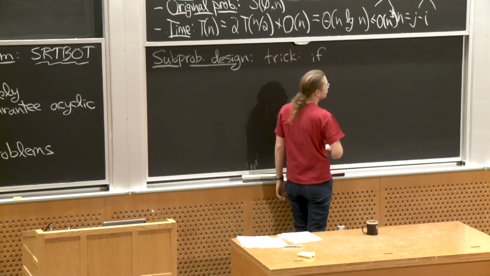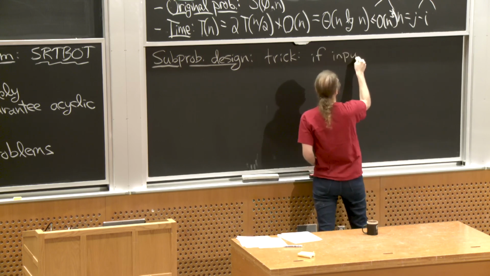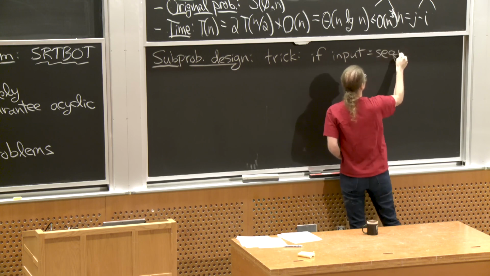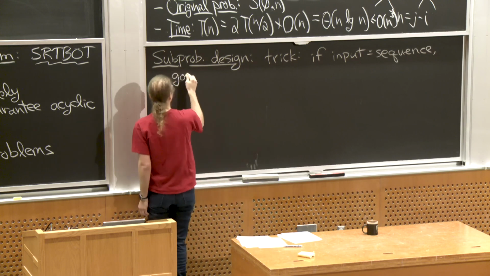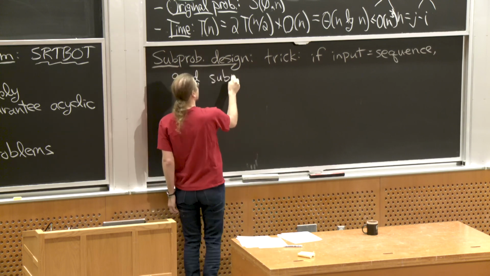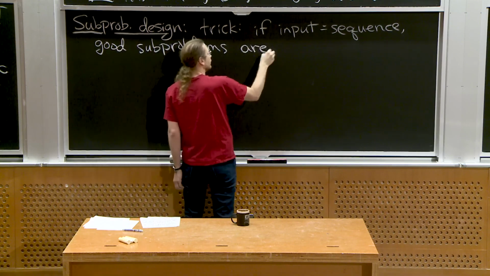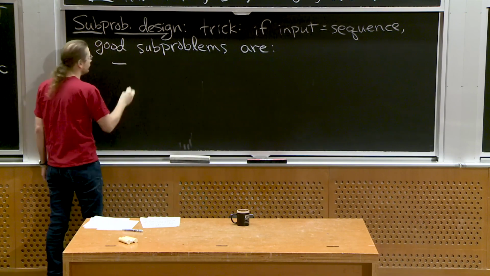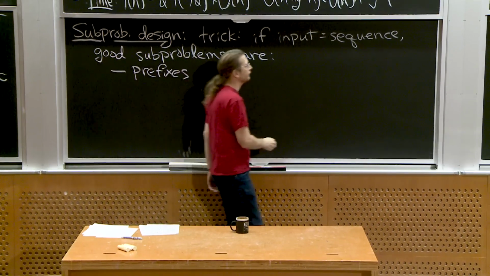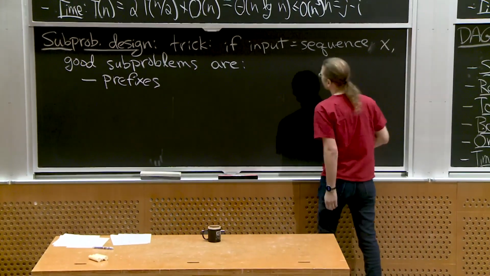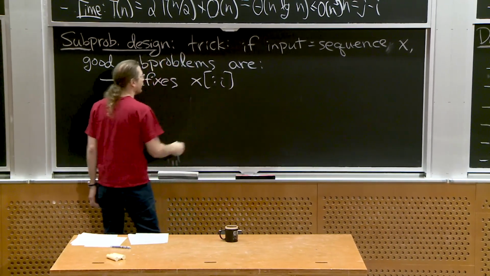If your input is a sequence, here are some good subproblems to consider. We could do all prefixes. So let's call the sequence x. So we could do x prefix, meaning up to a given i, for all i.